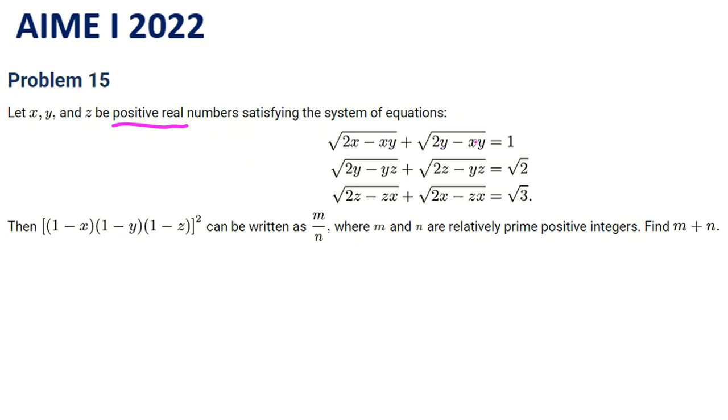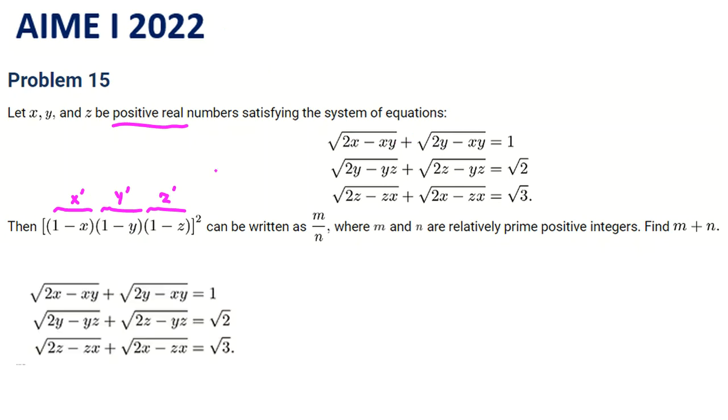Here, y times 2 minus. Here again, if we factor out y, 2 minus x. So we will see this is similar to 1 minus x. If we consider 1 minus x as x prime, 1 minus y as y prime, 1 minus z as z prime, then let's rewrite these equations.